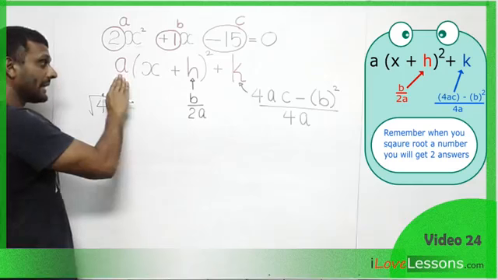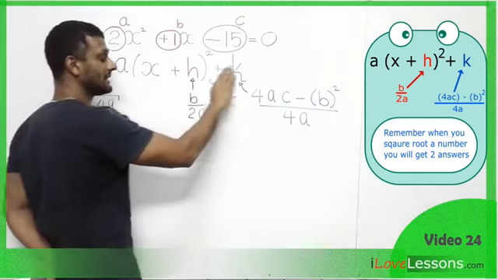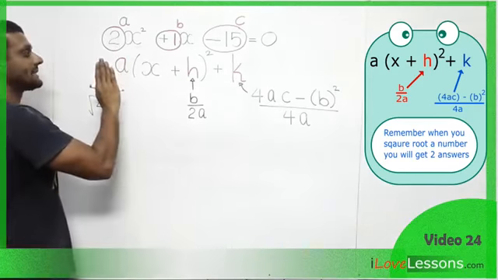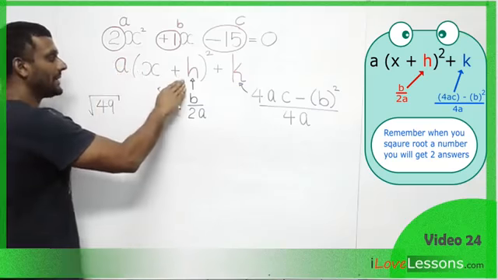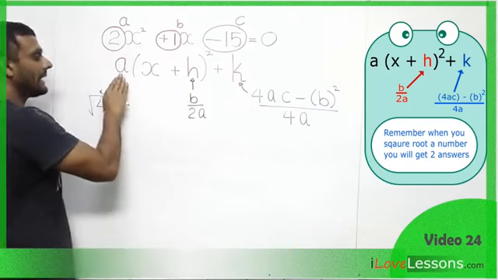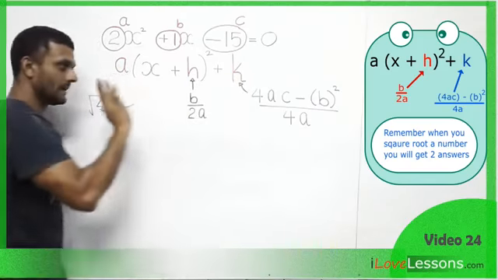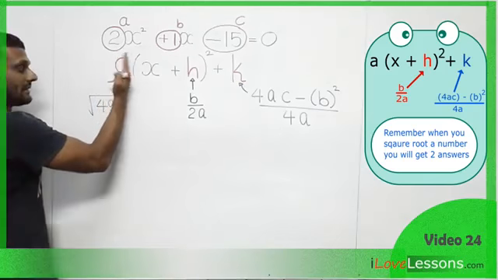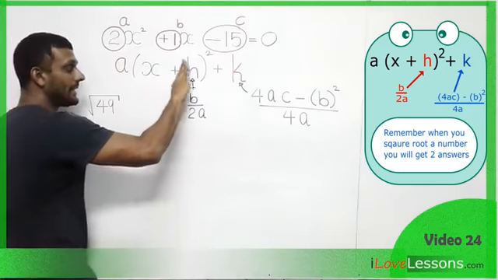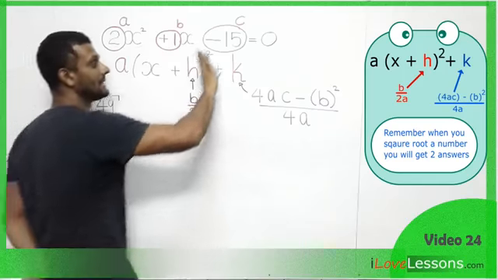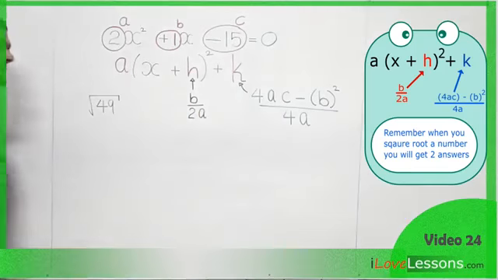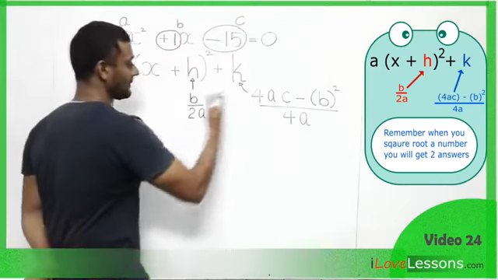You don't have to put a here, you don't have to put h here, and you don't have to put k here. They could easily have said a, p, and q, a, l, and m. The point is, you need to find this item, the item in the brackets with the x, and the number outside the brackets. And these are the formulas here.